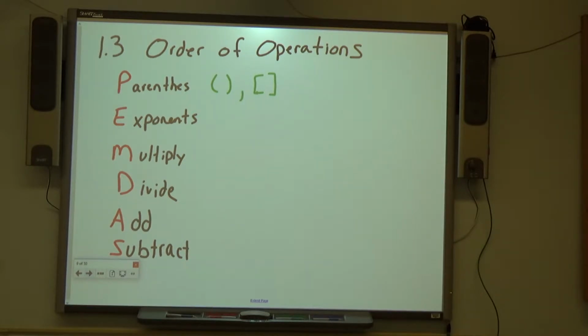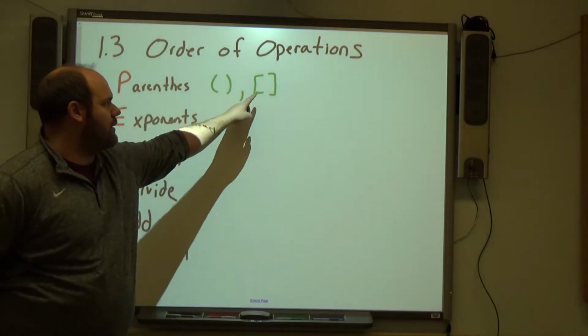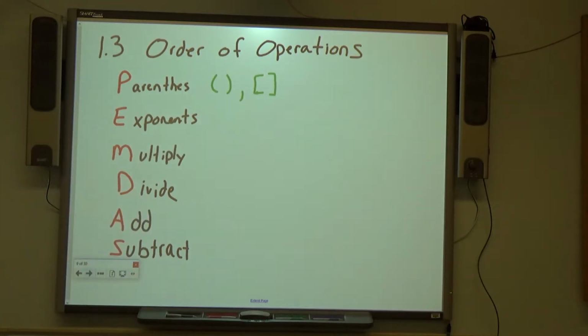Your order of operations, the first thing you have to do is evaluate all expressions inside what we call grouping symbols. These grouping symbols can be parentheses or brackets. So the first thing you look for when you evaluate is parentheses, and you work inside the parentheses first.